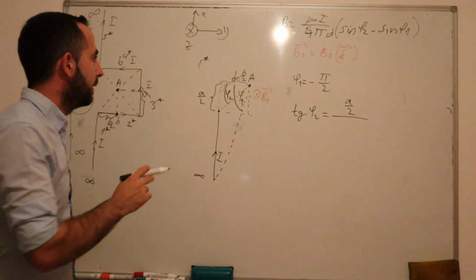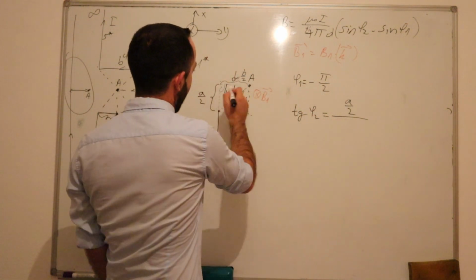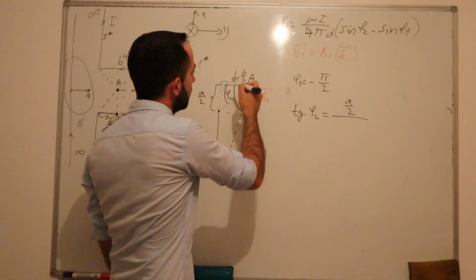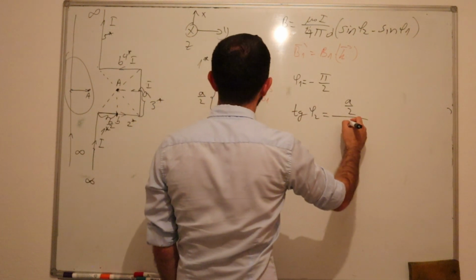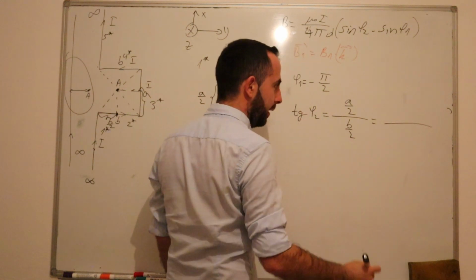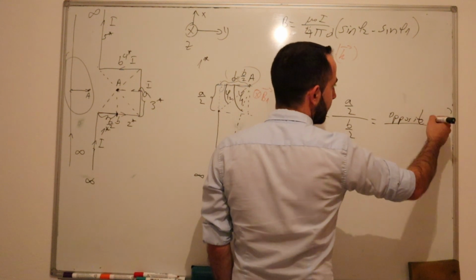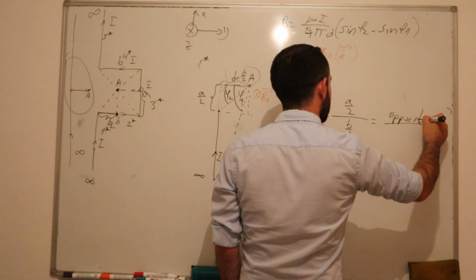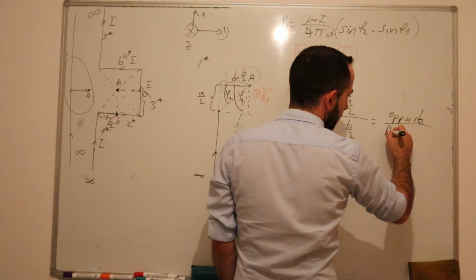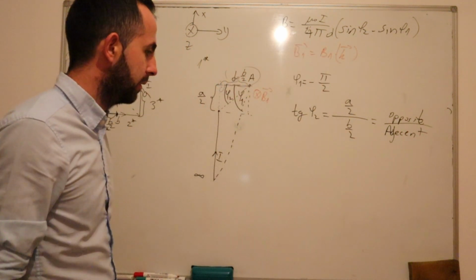And cosine is equal to the adjacent side of the triangle over hypotenuse. So the tangent is the opposite side over the adjacent side of the triangle.